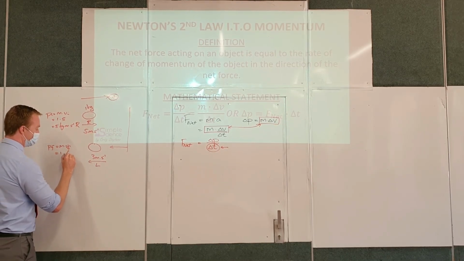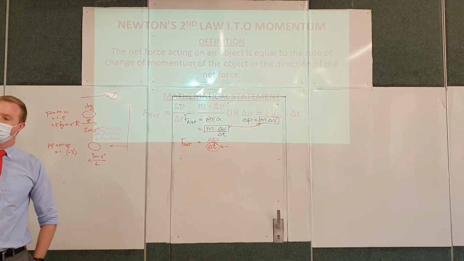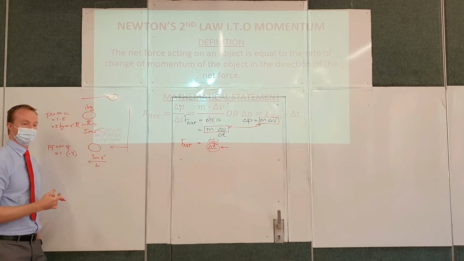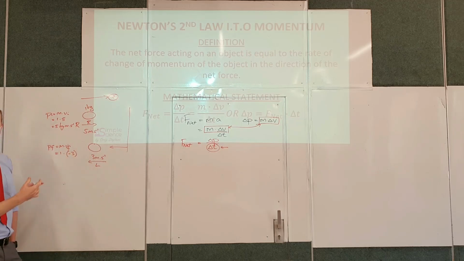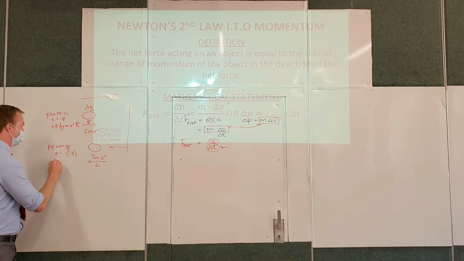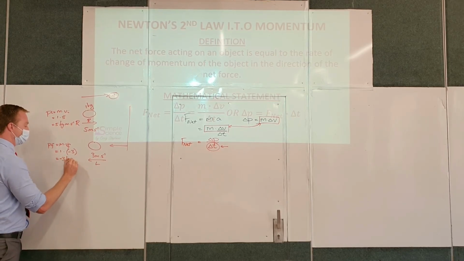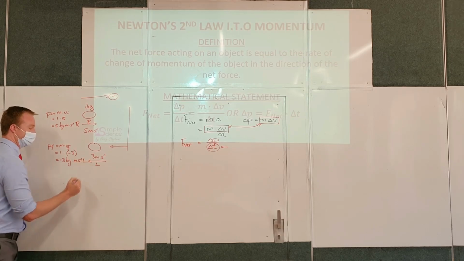Your final velocity, however, is now negative 3 meters per second because this object is traveling in the opposite direction to its initial direction. Because I've said that's positive, this one to the left must be negative. What that then tells us is that our final momentum is 3 kilogram meters per second, and that is to the left.